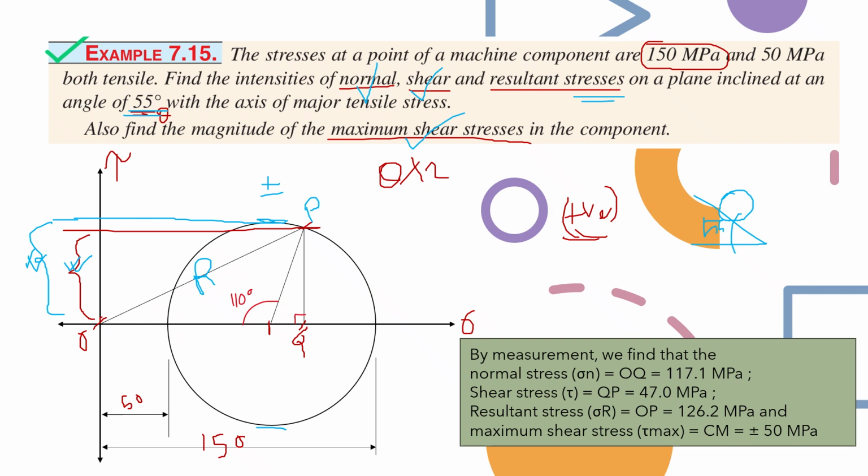In this way we can determine the values from the graph. These values are given for your practice, so you can draw this circle and this Mohr circle, and you can check the values.